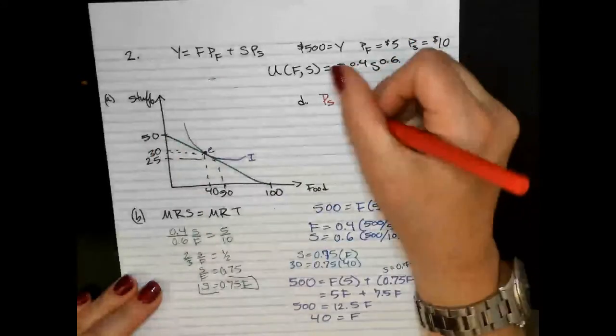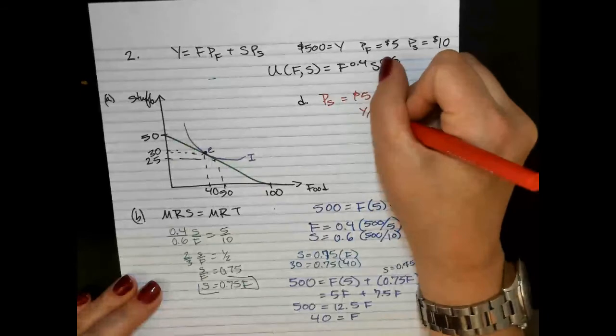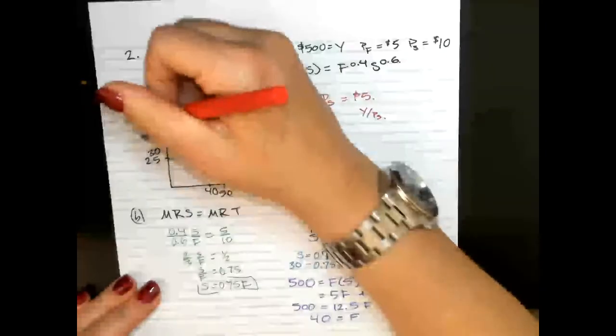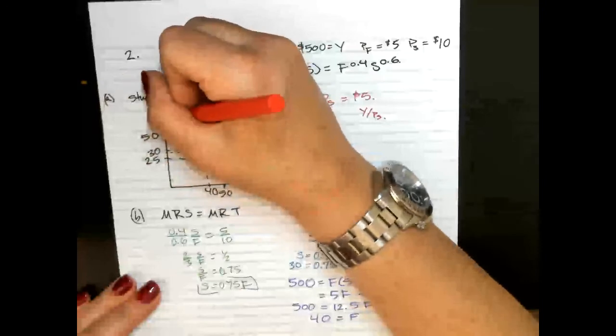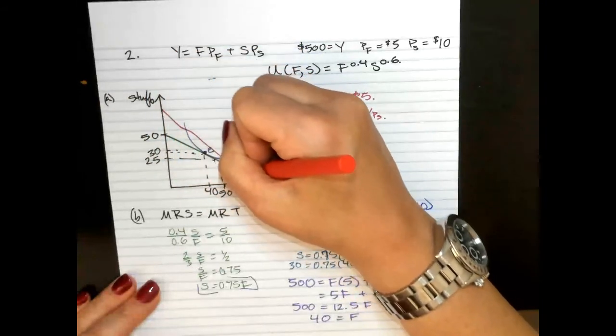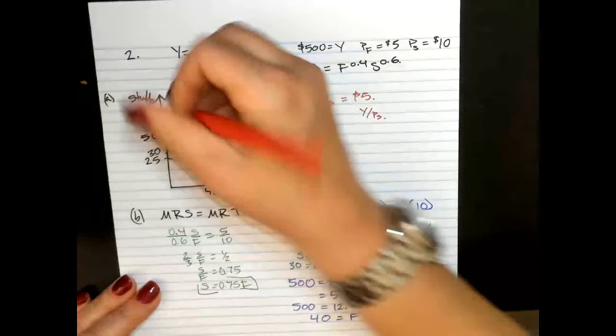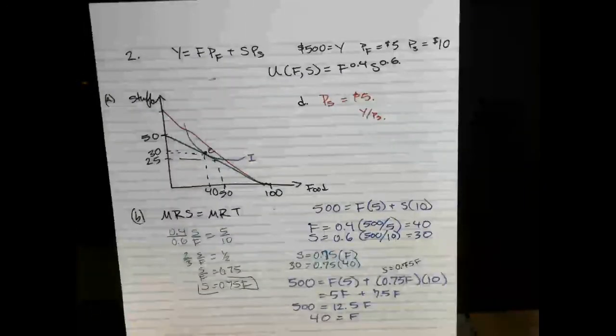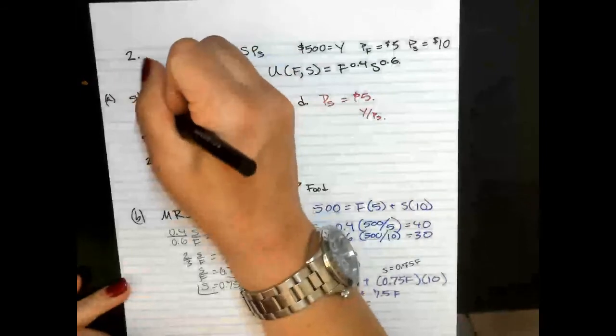That means that Jana can buy more stuff. Remember, we calculate that endpoint by taking y divided by PS. When it was 10, we got 50. Now we're going to get 100. It's going to rotate that budget constraint out to the point where she can now consume more stuff.